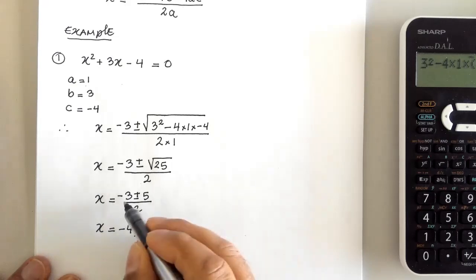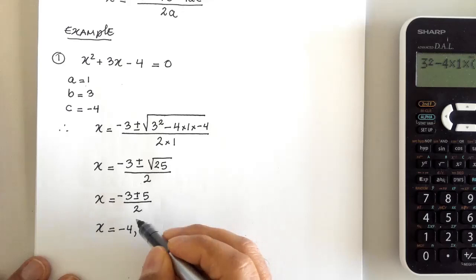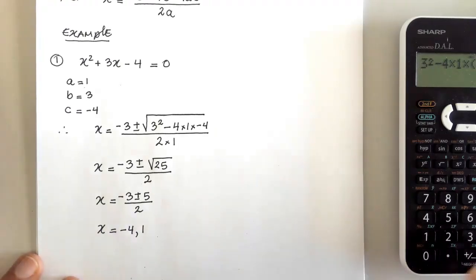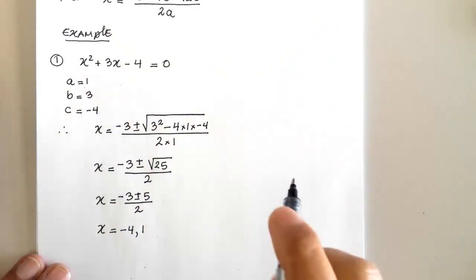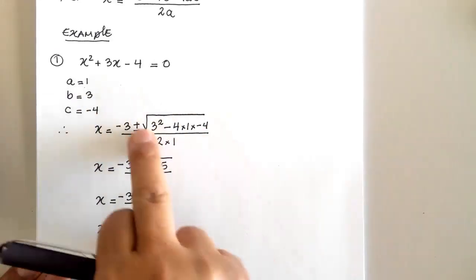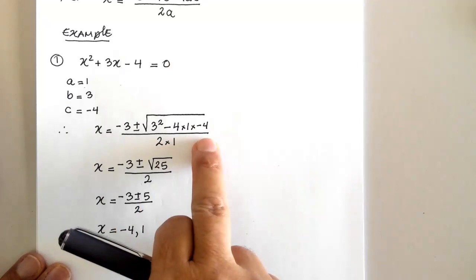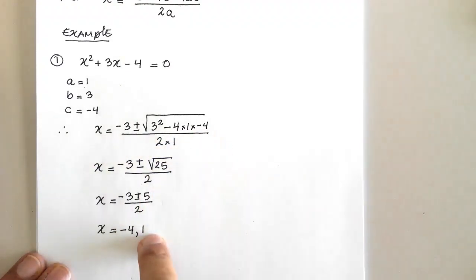And then -3 plus 5 is 2, divided by 2 is 1. That's it. Using the formula was very, very easy. It's just a matter of substituting properly and simplifying. If you substitute and simplify carefully and properly, then you're gonna get the right answer.